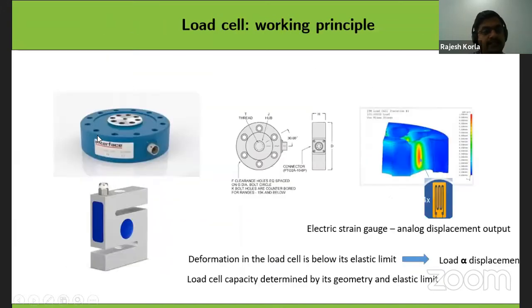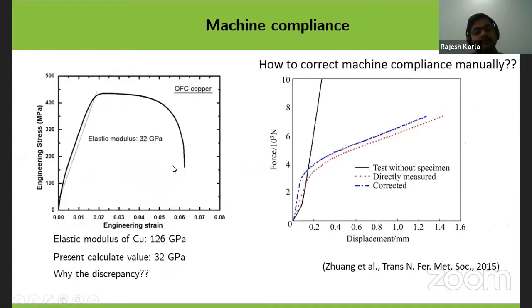So all these strains come into the crosshead. Strain is the change in length by the initial length. The change in length is much higher than the change in length of the actual sample. That means your strain is much higher than the actual strain of the sample. So your modulus is stress by strain, and because your strain is much higher than the actual strain, the ratio decreases. That's why the modulus actually decreases.